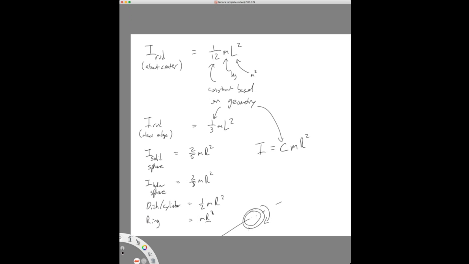And if all of the mass is at maximum radius, that's when you get a 1. And in other cases, you generally get something less than 1. So for a disk, or let's say a cylinder, you can think of a can of soup, but a solid can of soup.